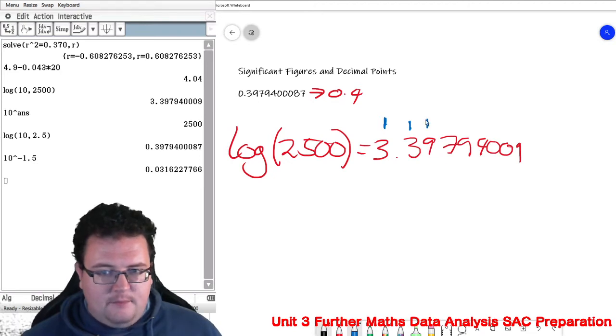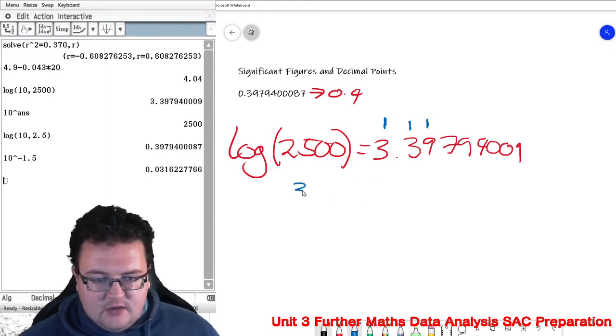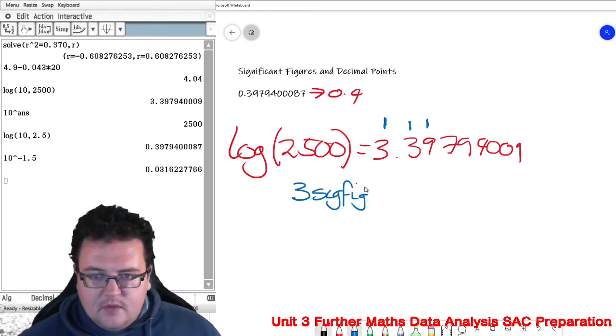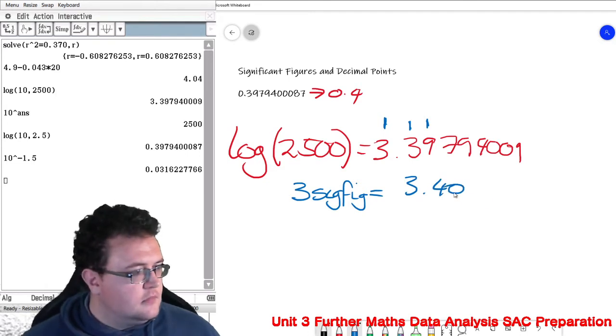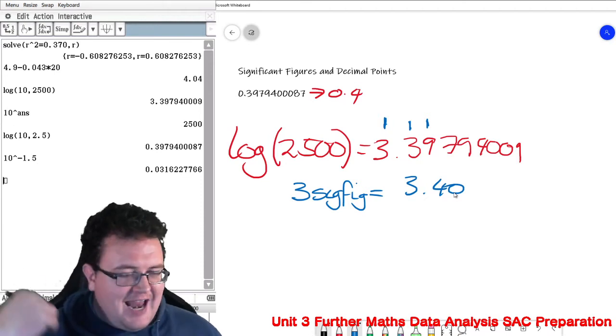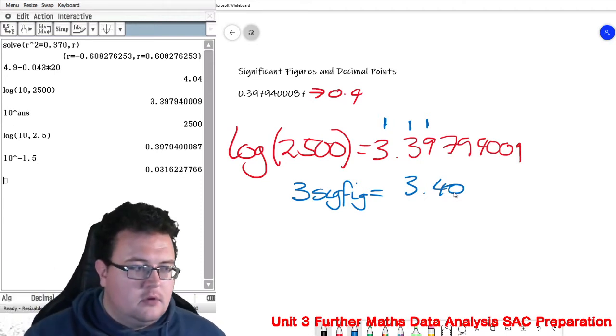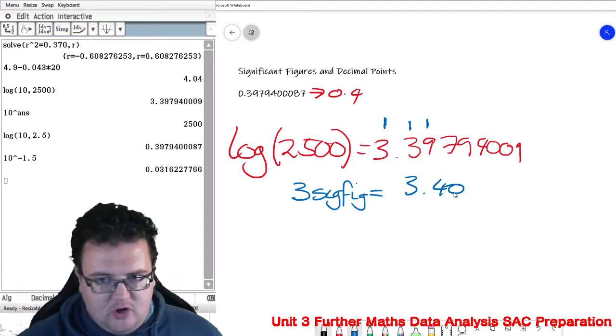Well, up means I'm going to from 9 to 10, which means this is going from 3 to 4. So if I was to do 3 sig fig for this one, it would be 3.40. Because I've rounded up. I can't just drop it off.